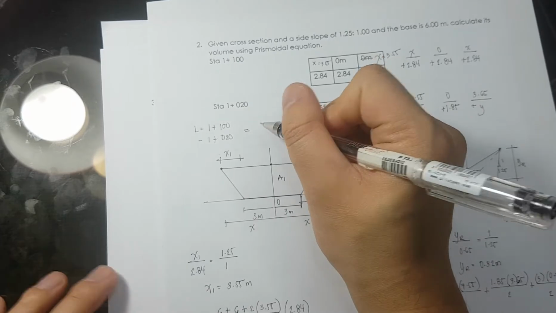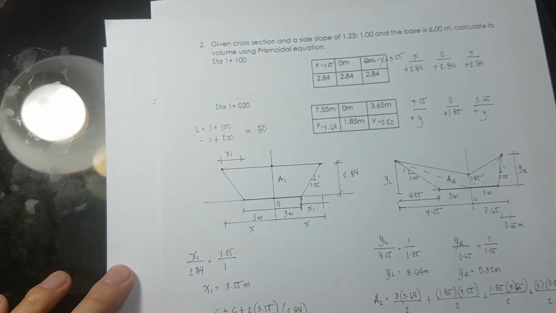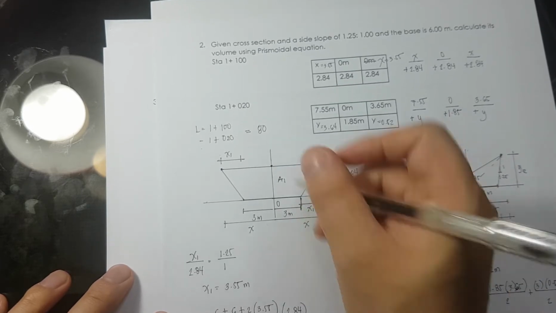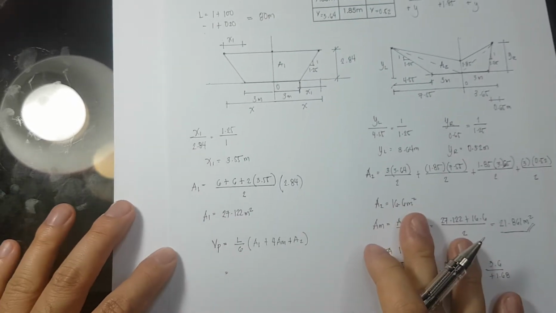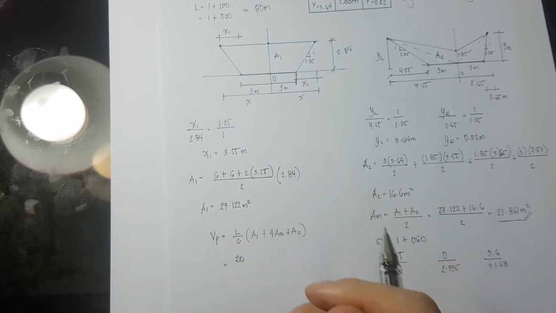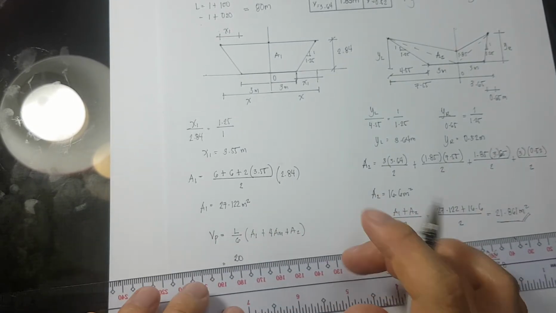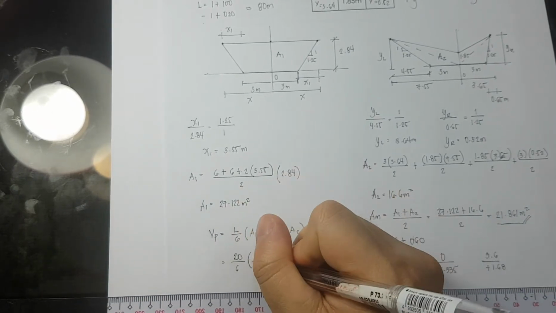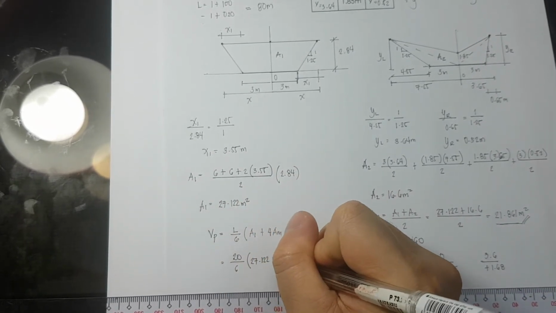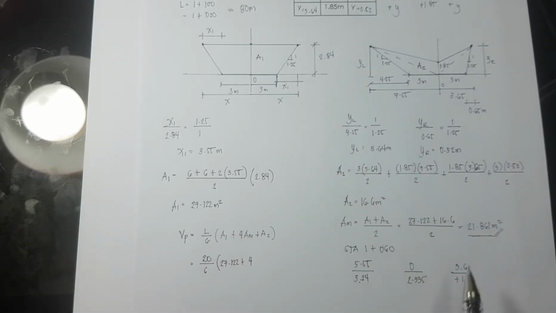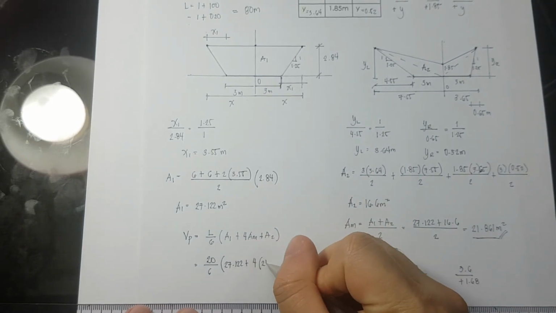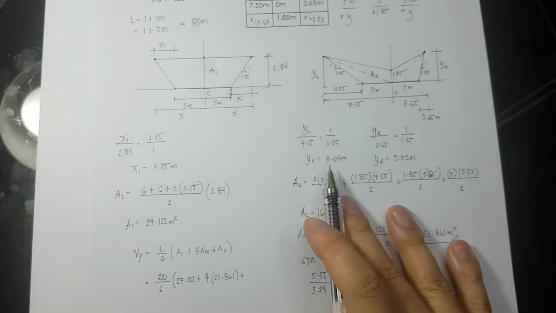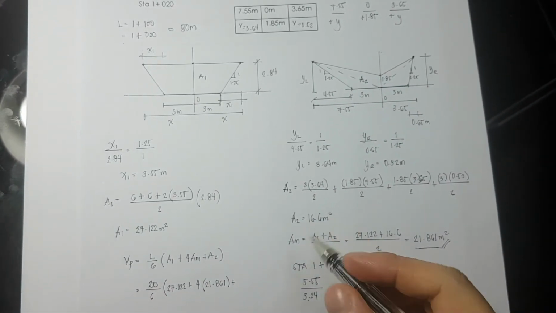L therefore is equivalent to 80. Okay? So magka-cancel yung 1 tapos 100 minus 20, that would become 80 meters. So L here is equivalent to 20 divided by 6 times, what is area 1? Area 1 is equivalent to 27.122 plus 4 times area middle, that is 21.861 plus what is area 2? Area 2 is equivalent to 16.6.